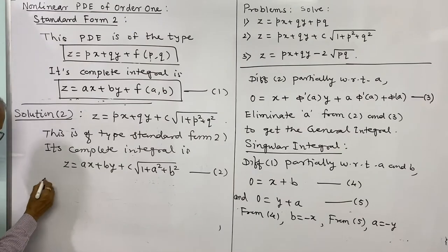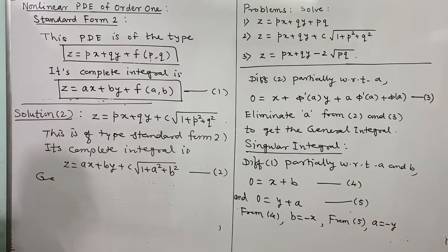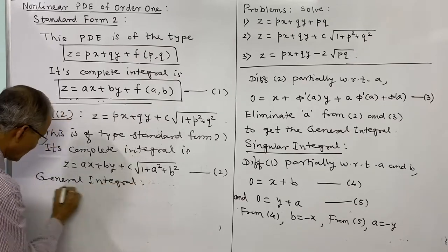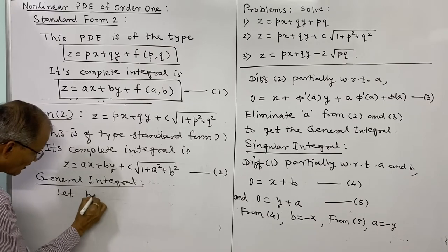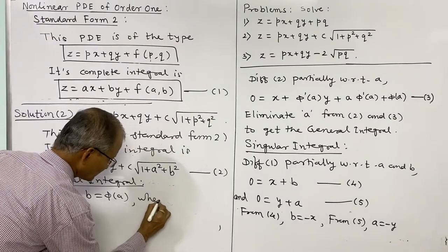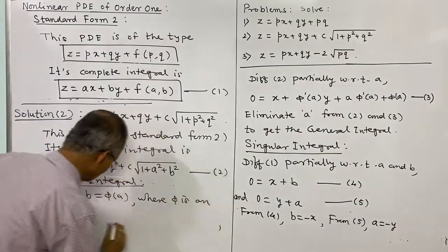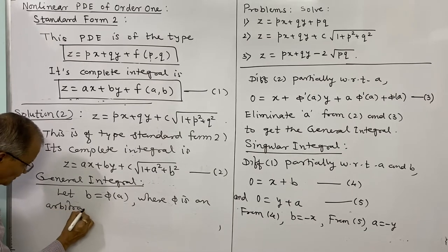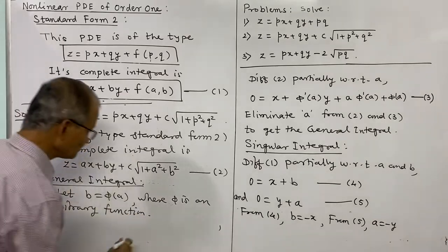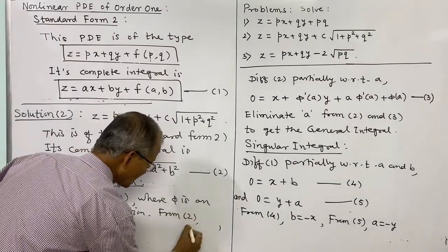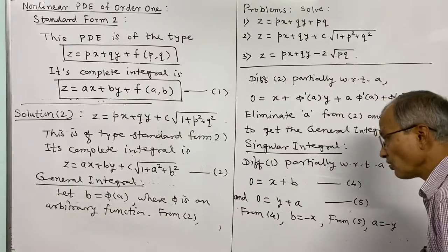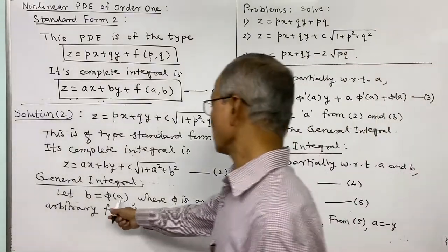Now we should consider the general integral. So here is the procedure we will write for the general integral. Let b is equal to phi of a, where phi is an arbitrary function. Then from 2, you may see that we only have to put the value of b there, and the value of b is phi of a.